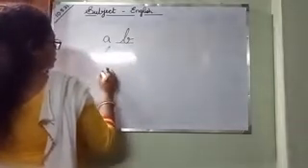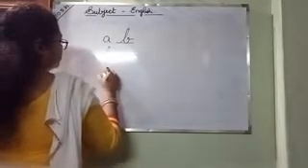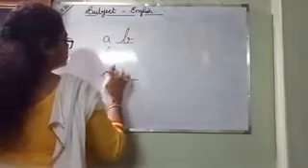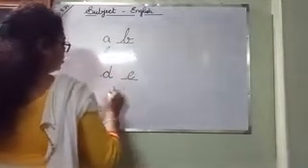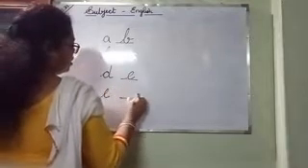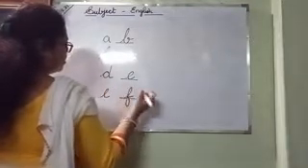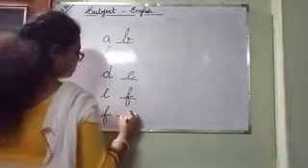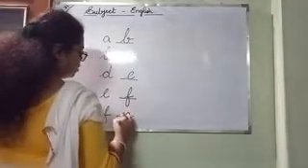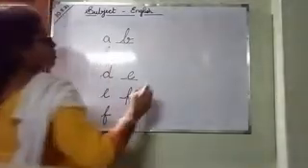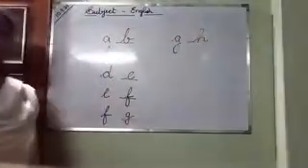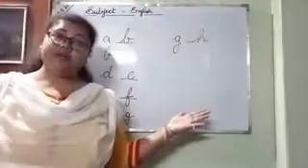C. After D, what comes? E. After E, what comes? F. After F, what comes? G. After G, what comes? H. Understand? This is after alphabet.